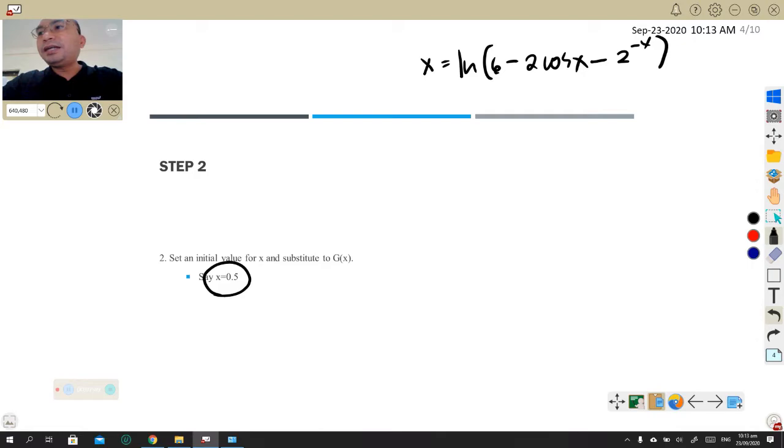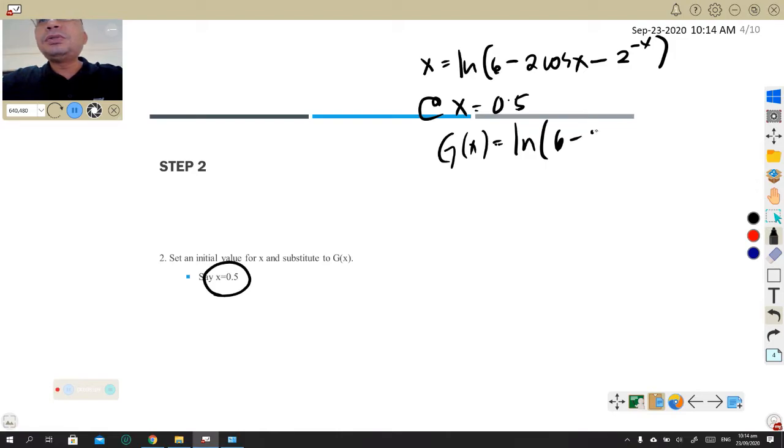At x equals 0.5, our g of x will be equal to ln of 6 minus 2 cosine of 0.5 minus 2 raised to negative 0.5.